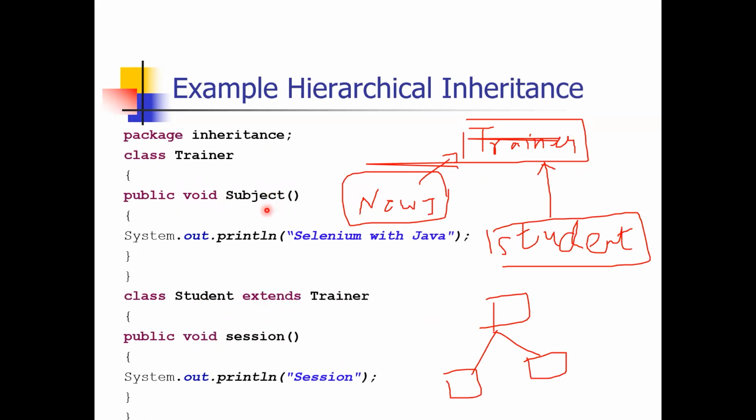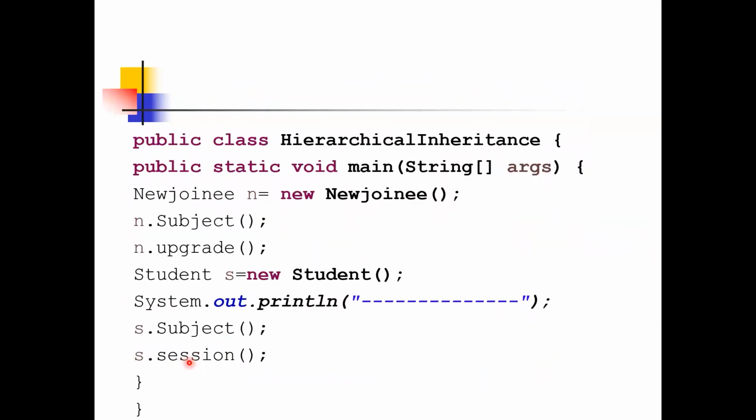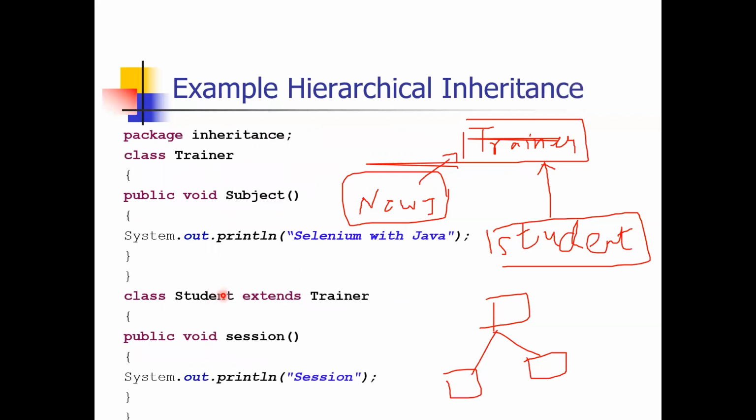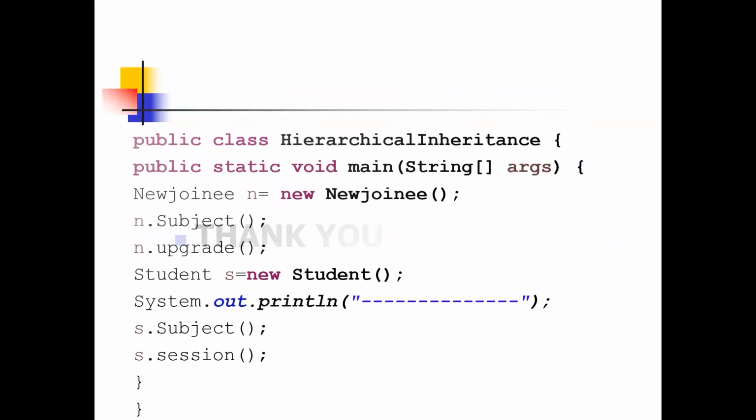In the trainer class it finds subject, so it will print Selenium with Java. Next, s dot session. s is the object of the student class, so it will jump to the student class and try to find session. In the student class the session method is created, which will show the output session. So this is an example of hierarchical inheritance.